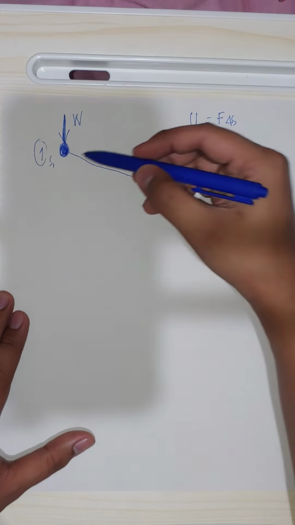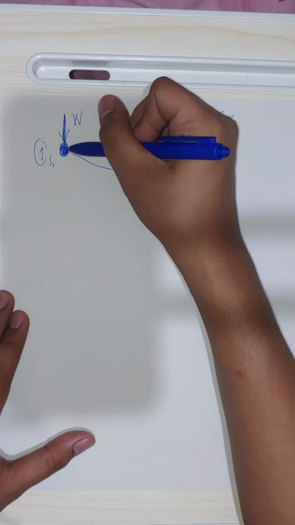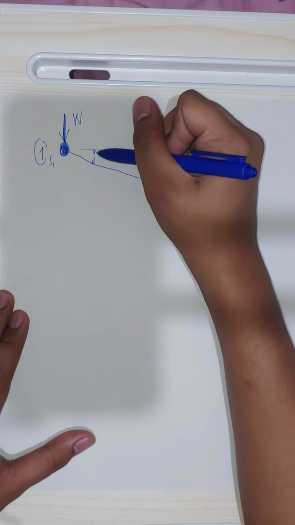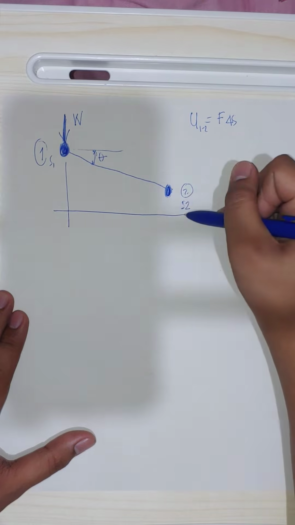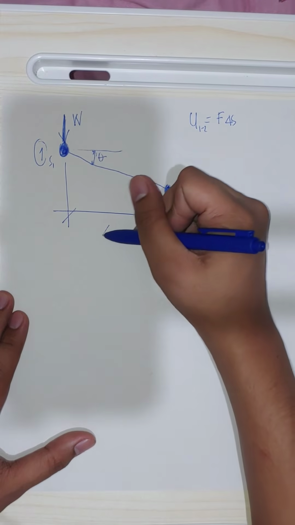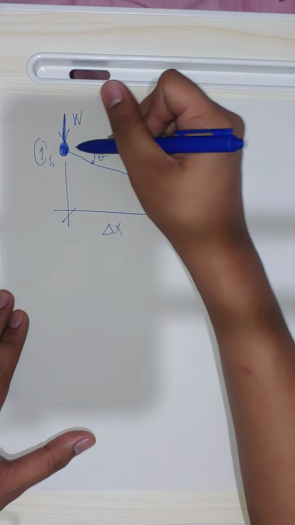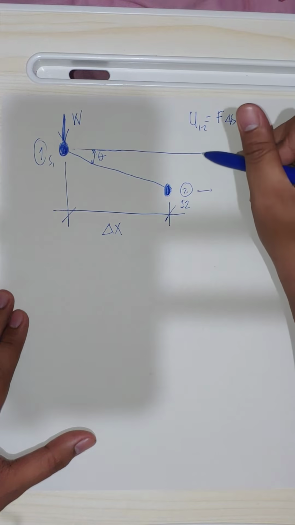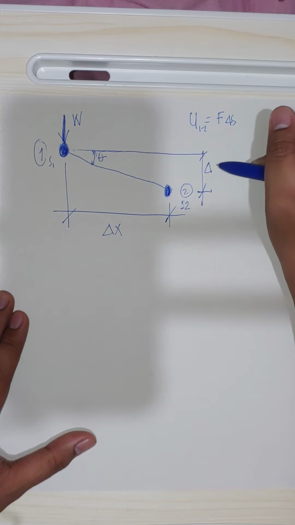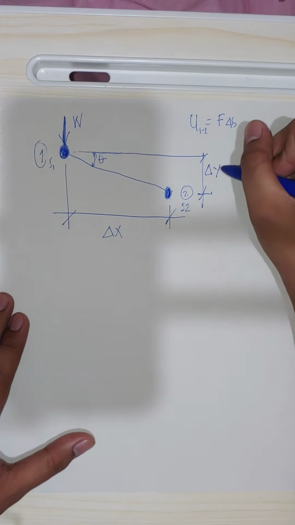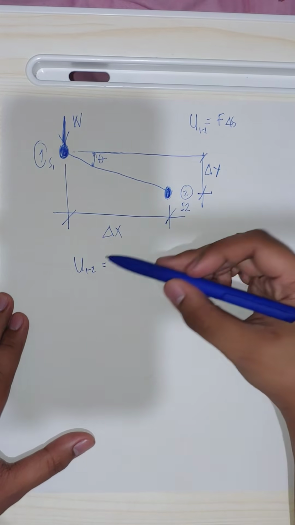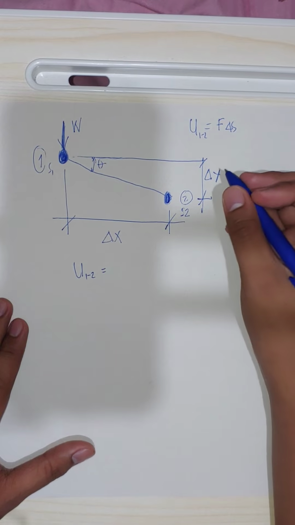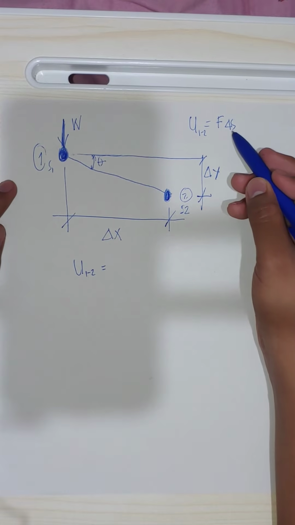Since its movement is slanted, let's say we have an angle theta here. Now the displacement along x, let's say this is delta x, and this is displacement along y, delta y. So the work from the initial position to its final position is equal to the force times the displacement.